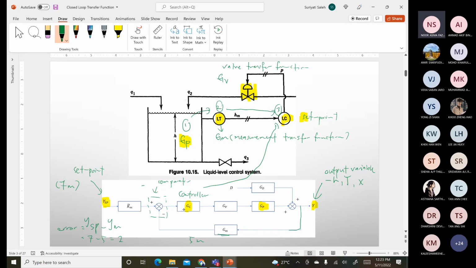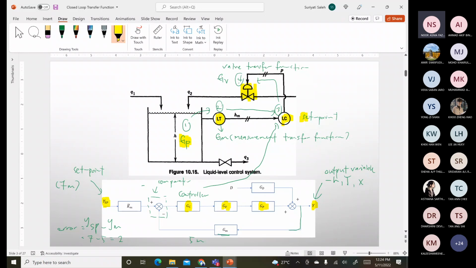So after the controller, it will send to number 4, the GV. And then the GV, once it regulates the flow rate coming into the system, it will go back to your process transfer function. So this is what we call the closed loop transfer function, where it will contain the process transfer function, valve transfer function, controller transfer function, measurement transfer function.